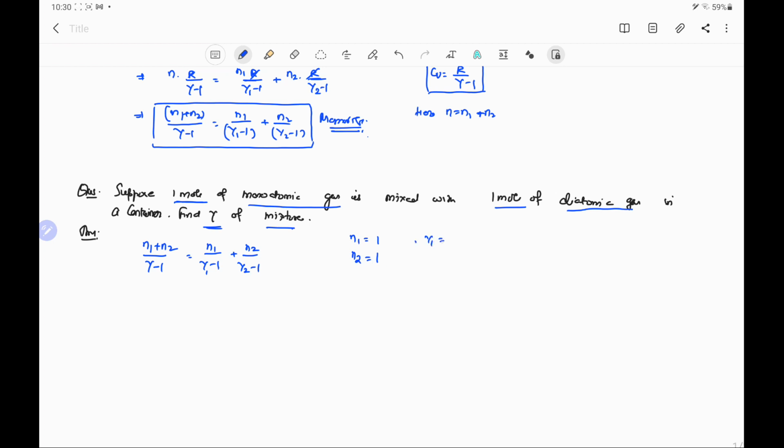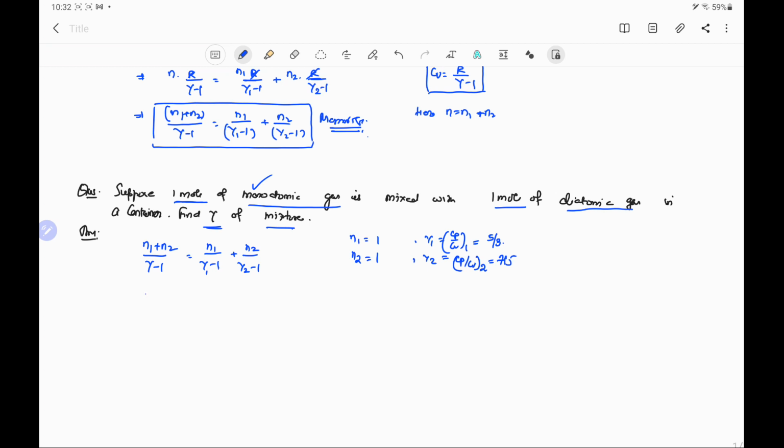And for gamma 1 and gamma 2, because the first gas is monoatomic, gamma 1, the Cp by Cv for monoatomic gas, is equal to 5/3, and for diatomic gas the ratio of the molar specific heats is 7/5.